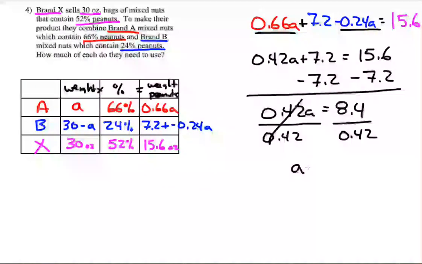I'm left with A equals 8.4 over 0.42, which would be 20. So my answer is going to be, I want 20 ounces of brand A, that's the one that is 66%.